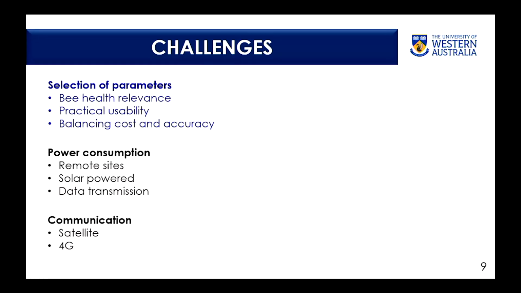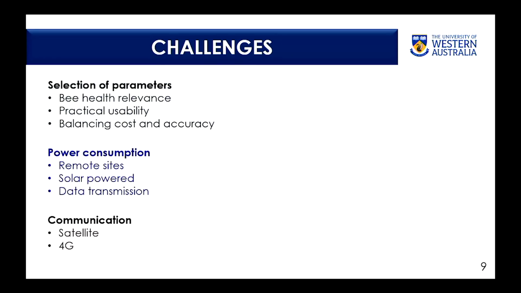If you want an extremely accurate temperature sensor which costs $70 or $80, and there's another one which is a bit less accurate but costs $2, which one should you go for? The less accurate $2 one is fine, because we are not measuring temperature to a very high degree of resolution. We just want to say whether it is close to 35 or not. So you have to choose something which is actually more appropriate for the product that you are aiming for.